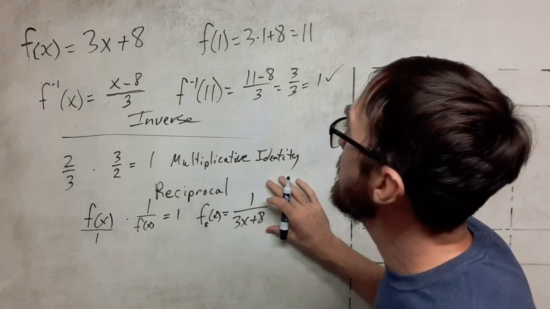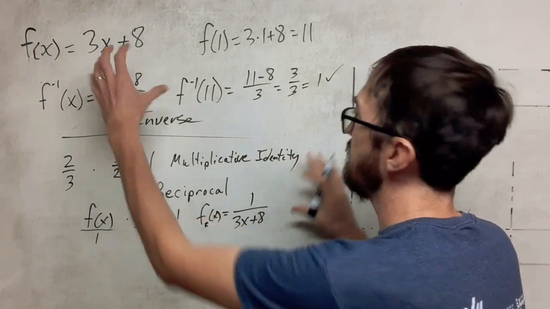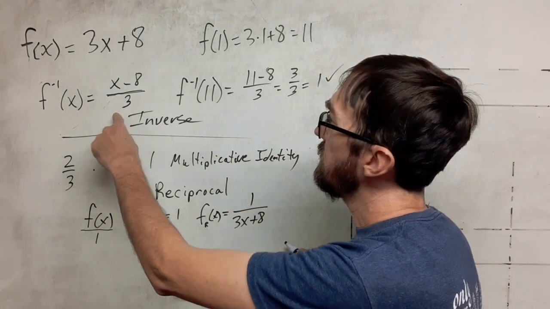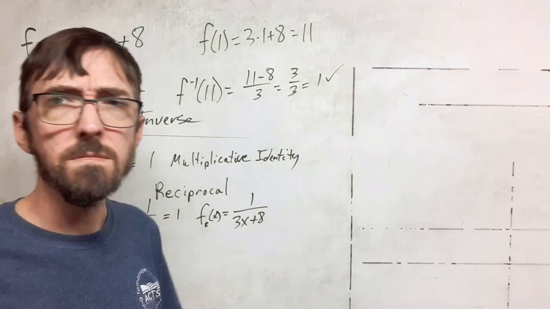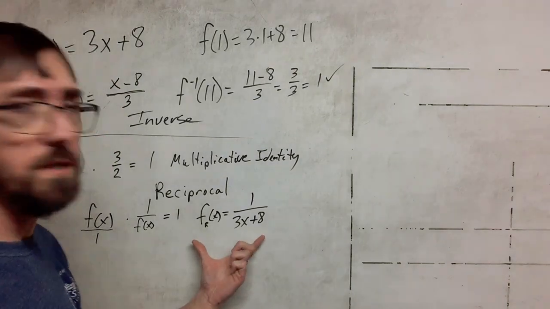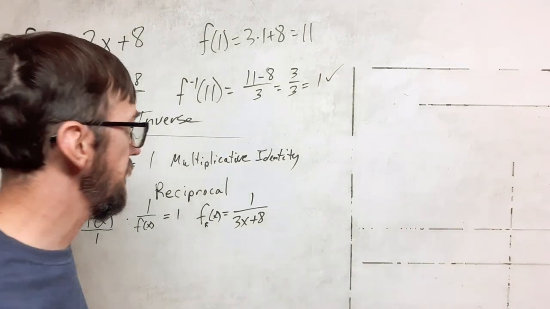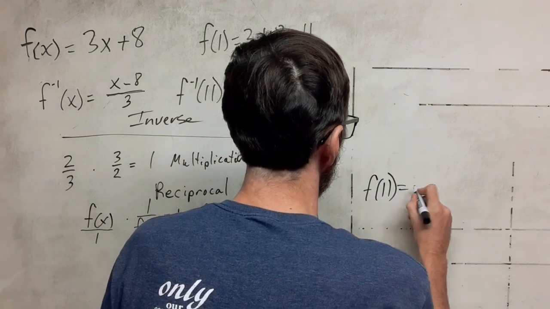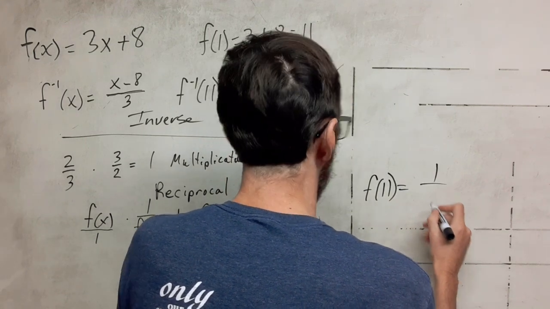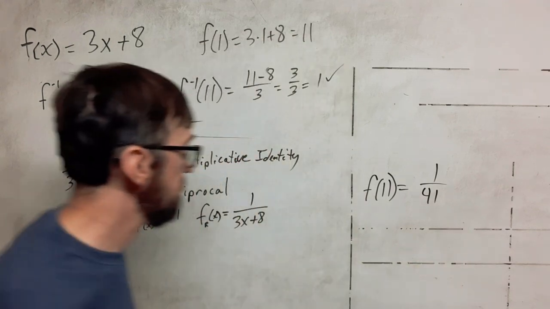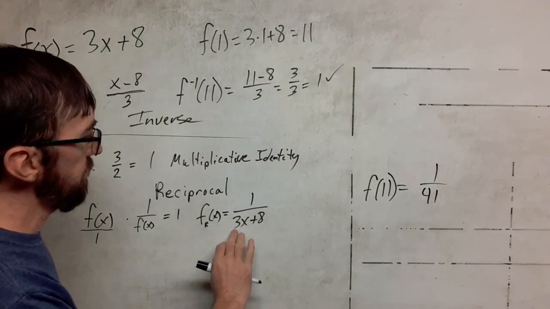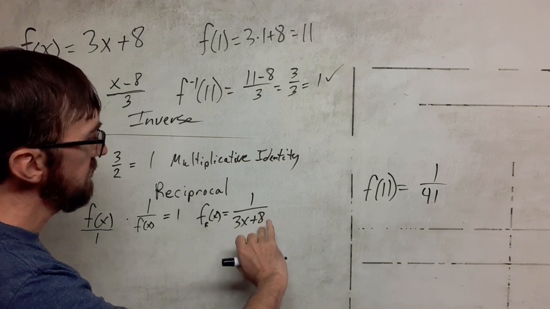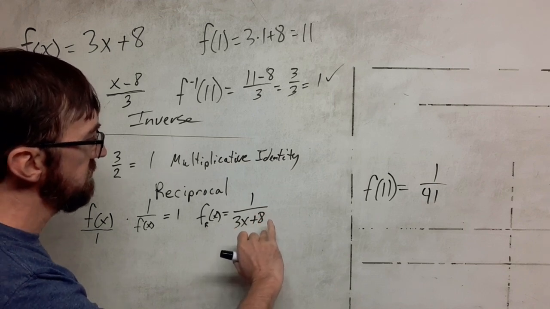Notice that this thing and this thing are not equal. So this definitely does something different than this. If I plug in 11 to this function here, I'm going to get 1 over 41, because I have 3 times 11 is 33 plus 8 is 41.